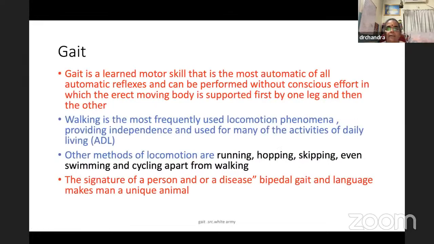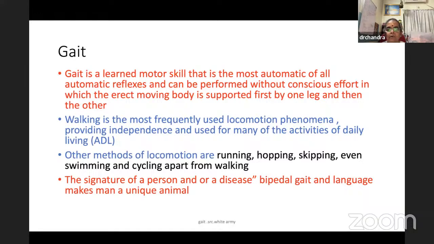So what is gait? Now we have seen posture, equilibrium, movement, dynamic posture, dynamic equilibrium. If all these things are there, gait can be initiated. Gait is a learned motor skill, the most automatic of all automatic reflexes, and can be performed without conscious effort, with the erect moving body supported first on one leg and then on the other.